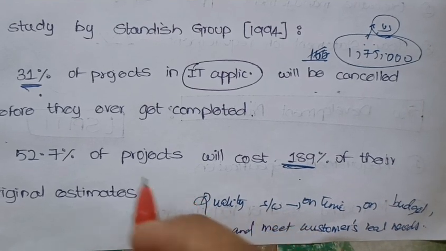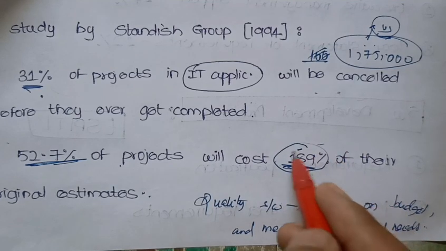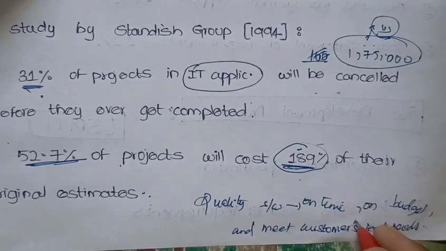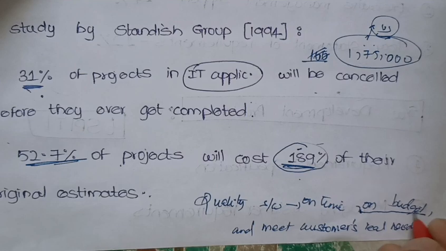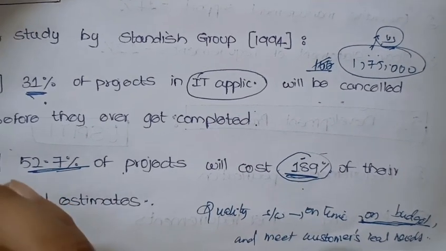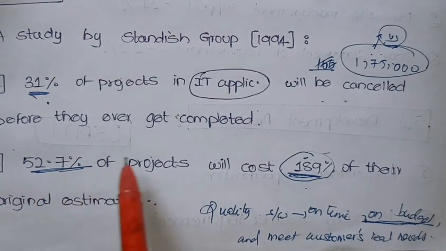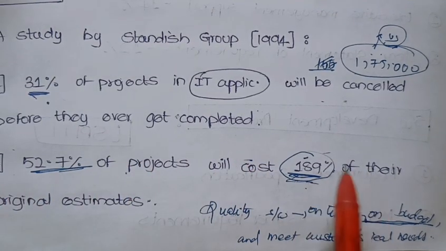So here 52.7% of the projects will cost 199% of their original estimates. Here we have been excluding the factor on budget. This is the main goal of software development, to create a quality software which is on budget. So 52.7% of the projects have cost 199% of their original estimates.